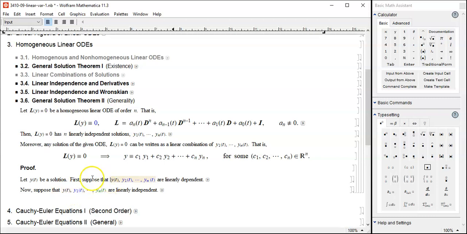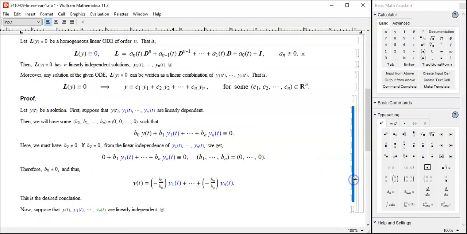Let's consider the linearly dependent case first, and that's the case we actually want. If they are linearly dependent, then it is possible to find coefficients b0, b1, b2, and so on, so that the linear combination is identically 0. Yes, that's the definition of linear dependence. But then again, please make this observation. b0 cannot be 0.